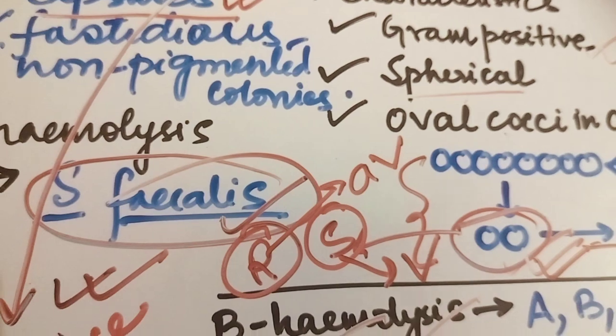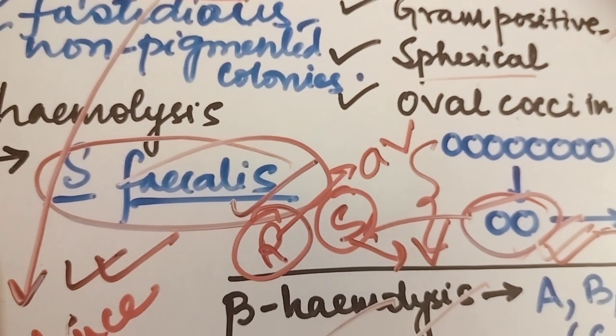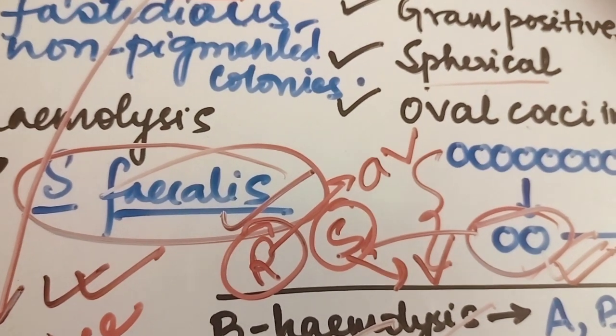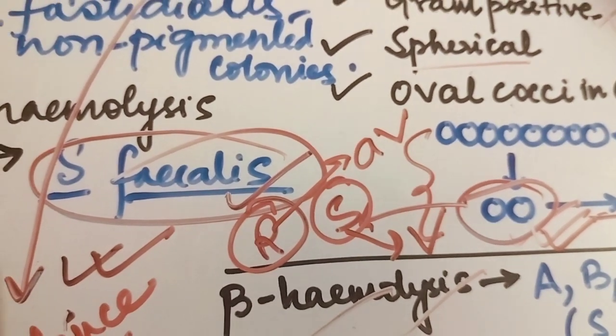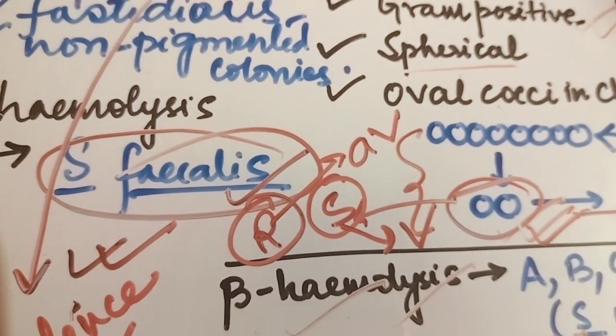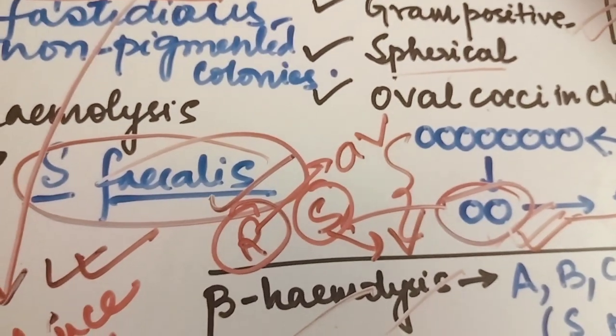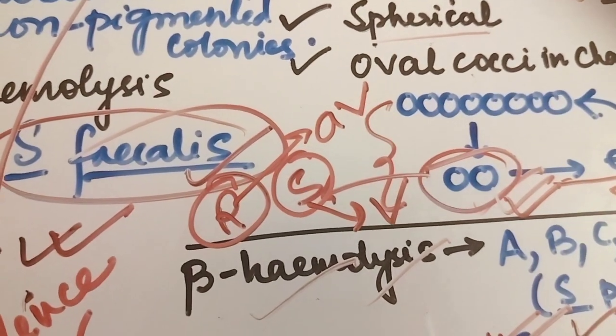And why was it not causing any disease? Because it does not have a capsule. It has a rough colony, and from the rough colony it was called R. So the immune system can easily recognize that particular microorganism and eliminate it from the system, and thus it doesn't cause pneumonia.